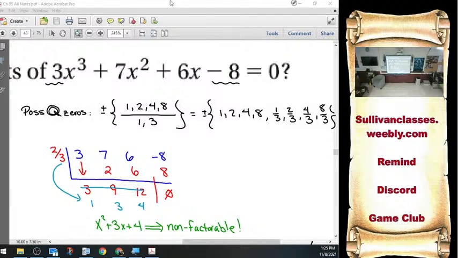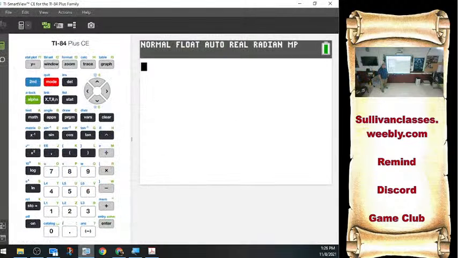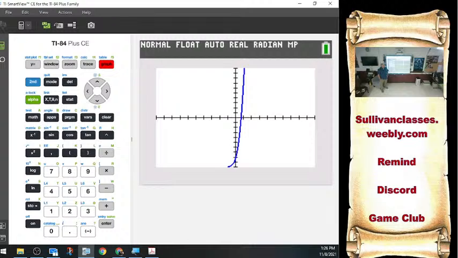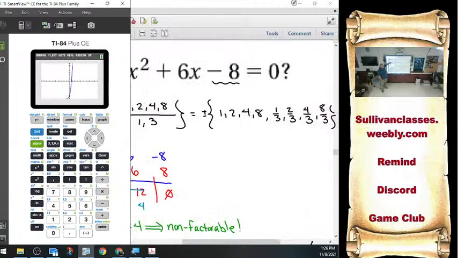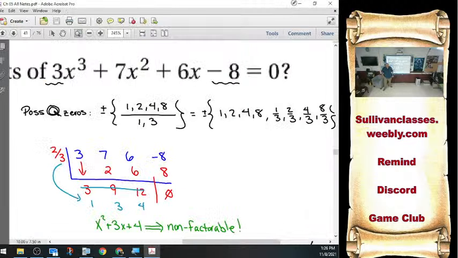How am I going to know the difference between you guessed 2 thirds right away versus I gazed into my crystal ball, I communed with the spirits, and the number 2 thirds just spoke to me? I got a feeling about it, and then I tried it and it worked.